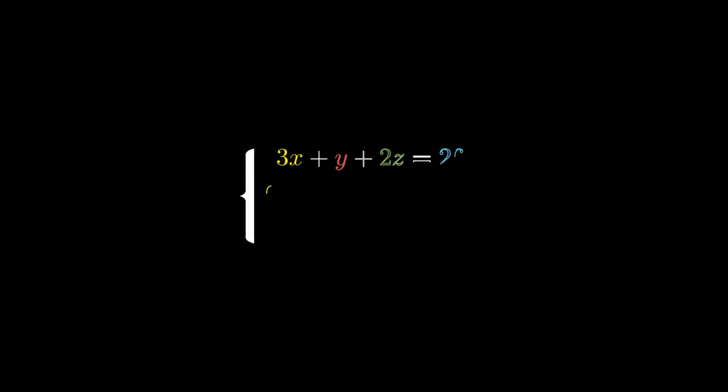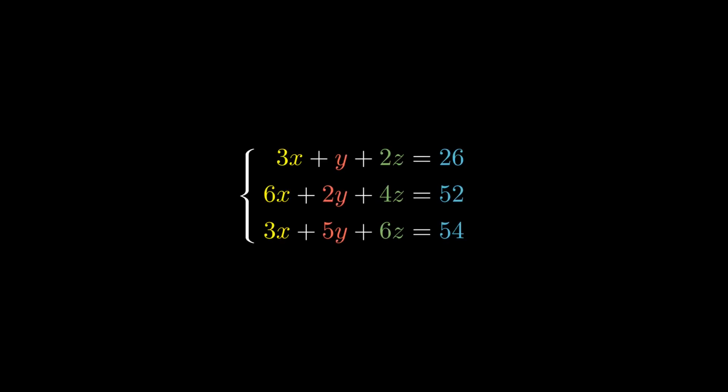possible. Secondly, a system of linear equations may have infinitely many solutions. For example, if the second customer had bought 6 cartons of milk, 2 boxes of eggs, 4 bags of flour, and paid $52, he would have bought an exact multiple of what the first customer buys. That means that the second equation is simply a scaled version of the first equation, in this case by 2.